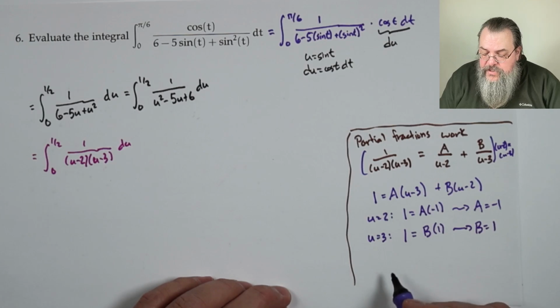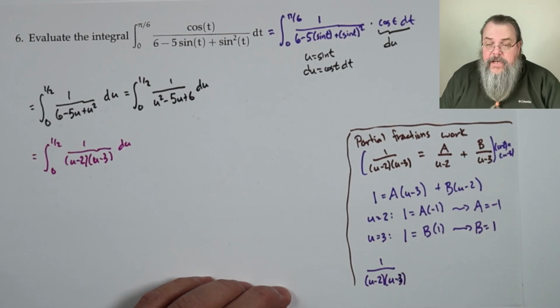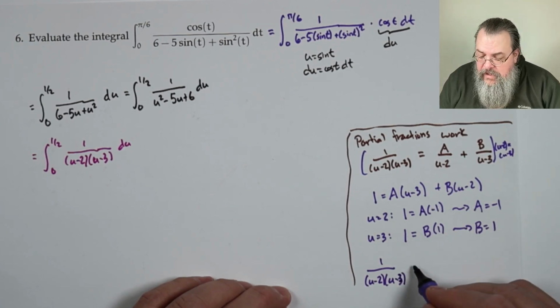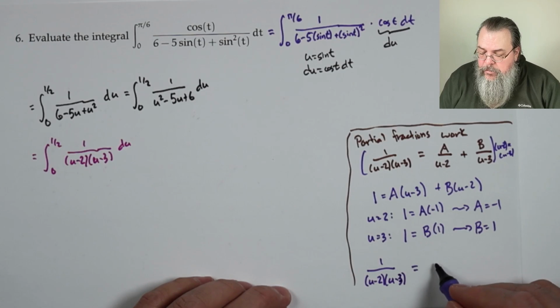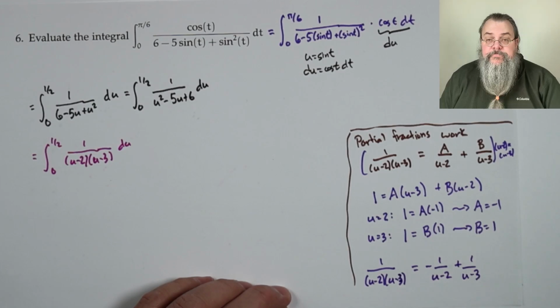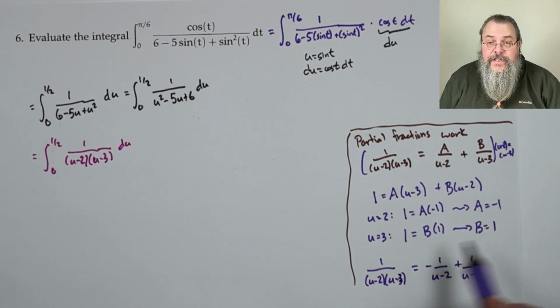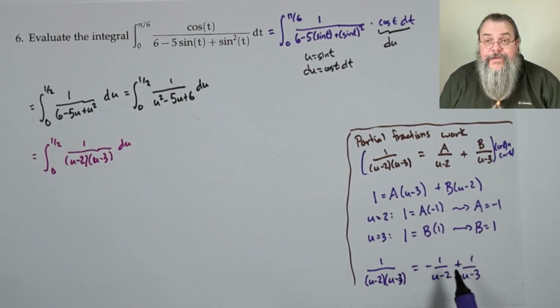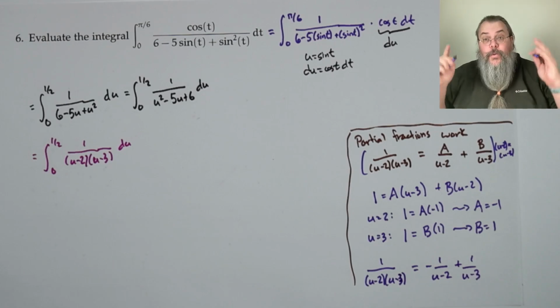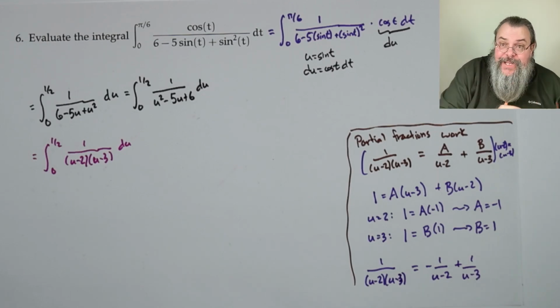So the punchline from doing all this work for partial fractions says, your original expression, which you were having a hard time with, is the same as having minus 1 over u minus 2 plus 1 over u minus 3. In other words, this is a simpler thing to integrate. We like simpler things.